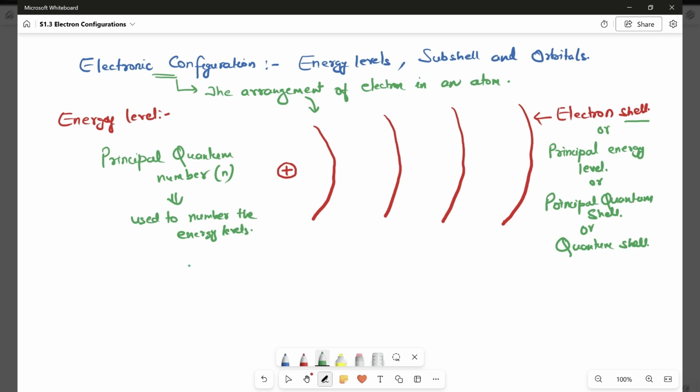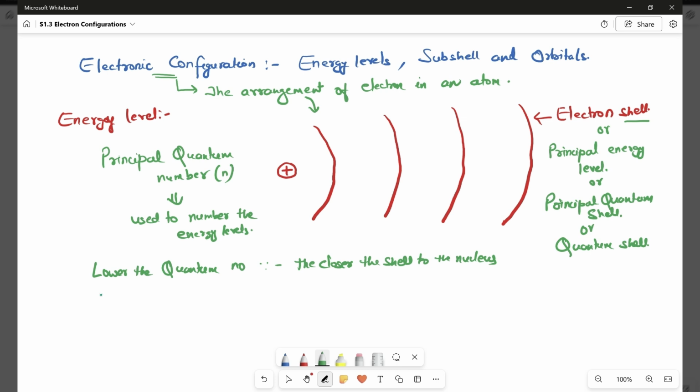If the quantum number is lower, that means the shell is closer to the nucleus.